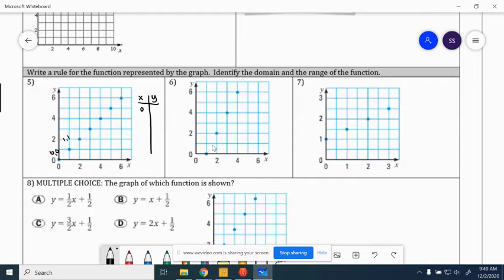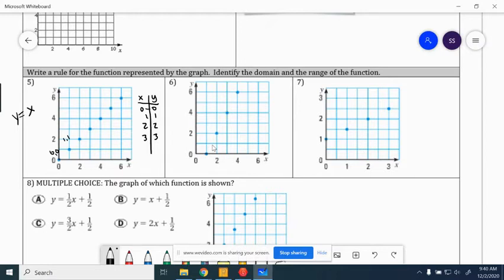This is (1, 1). (2, 2), (3, 3). So what do I have to do to go from 0 to 0? Nothing. What do I have to do to go from 1 to 1? Nothing. So our rule here is just y is equal to x. So it's kind of a unique one. I'll do the next one for you as well.